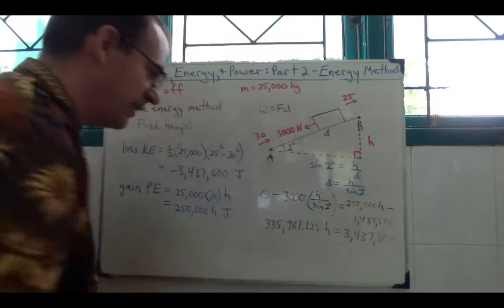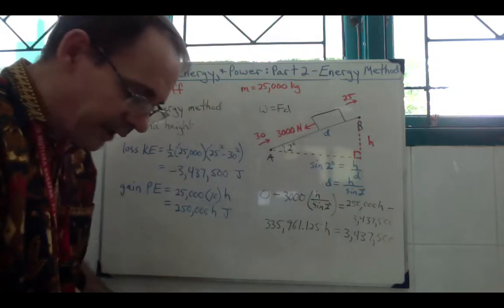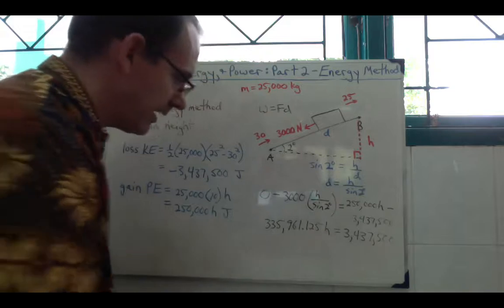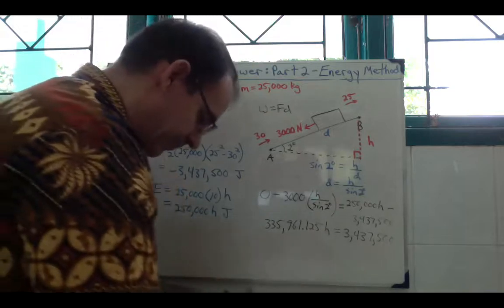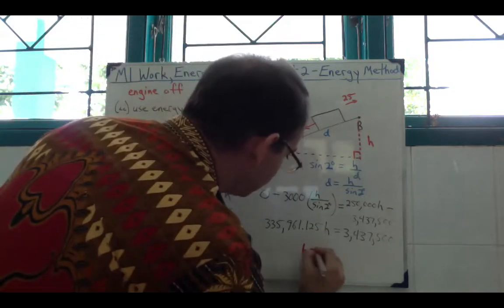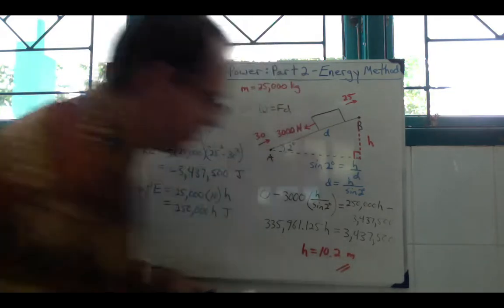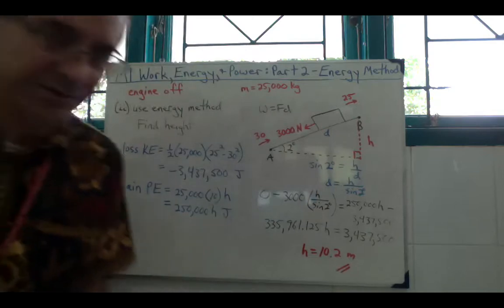Now we have everything in terms of h. Now all we have to do is divide both sides by this value right here, and that's going to give us a height of 10.2 meters to 3 significant figures.